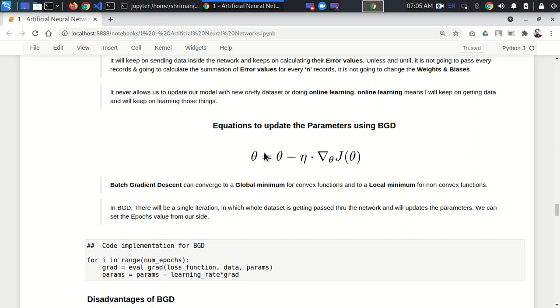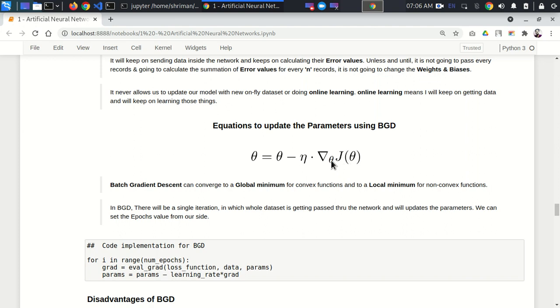Here, j theta is defined as a function of theta, where j theta is known as the loss function. Whatever loss function or cost function we use inside our network or layer, in a general way we can denote it with j theta.